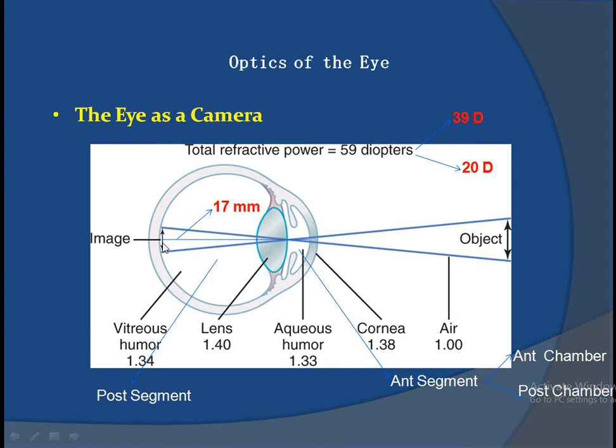So these are the structures which are mainly concerned with the refraction of the light rays to form the focus, to form the image on the retina.